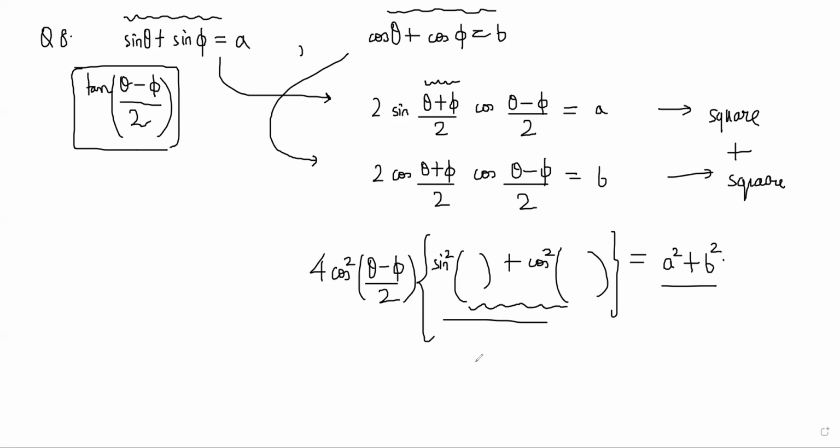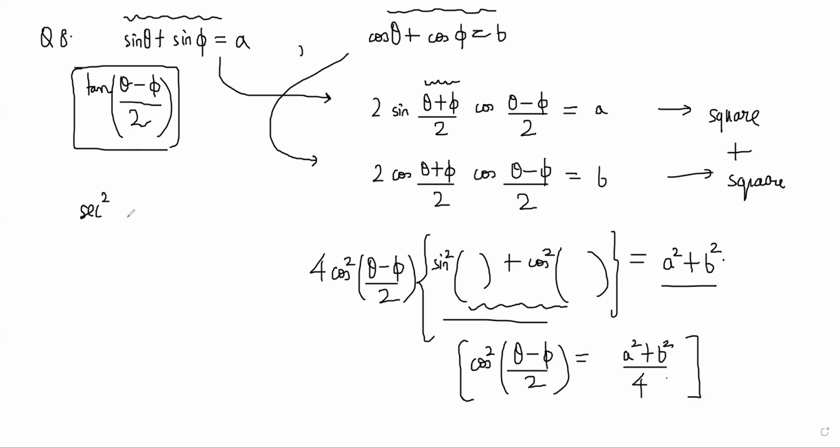You have gotten that cos square (theta minus phi) by 2 is equal to (A square plus B square) by 4. If you know cos square, obviously you know sec square. Sec square is 4 by (A square plus B square). Therefore 1 plus tan square is equal to 4 by (A square plus B square).